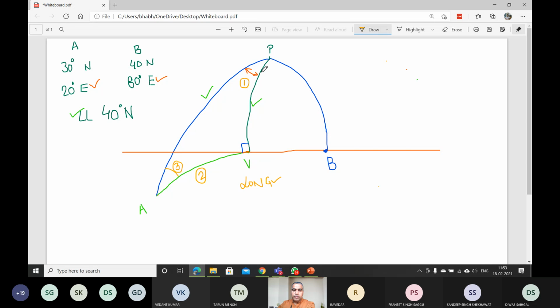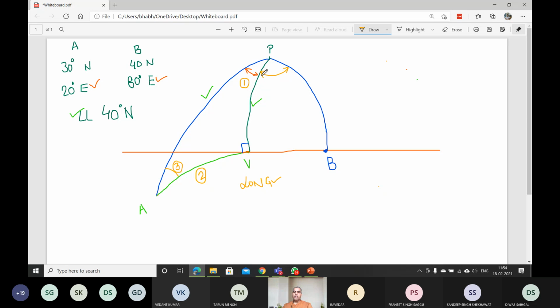So what we do is we find out this angle P now. This yellow color angle P is basically the angle at the pole contained between the meridian of the vertex and the meridian of point B. So this is the D long between vertex and Bravo. Longitude of the vertex is known. Longitude of our destination, that is the Bravo point, is given to us in the question. So we can easily find out the D long between them now.